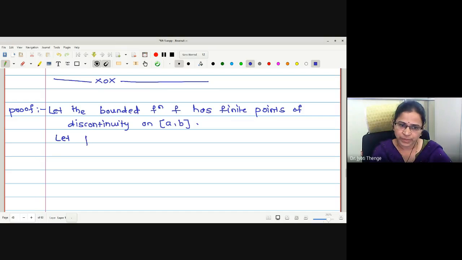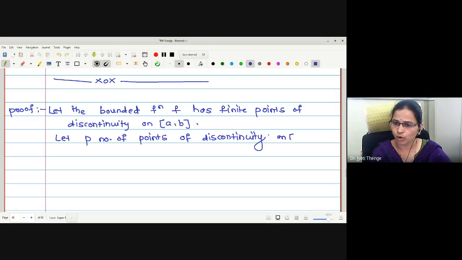Let p be the number of points of discontinuity. How many points of discontinuity have we assumed? P number of points of discontinuity on closed interval AB. Similarly, we will start with epsilon greater than 0, a given number.